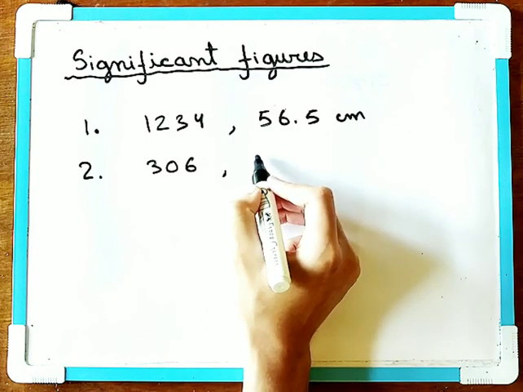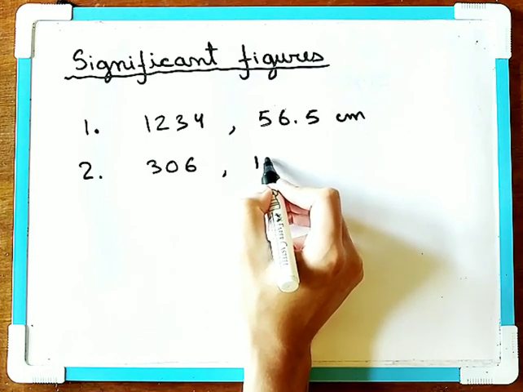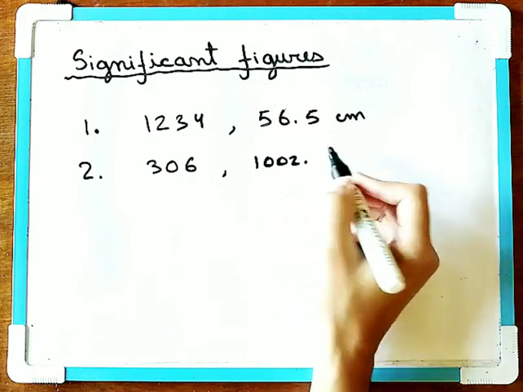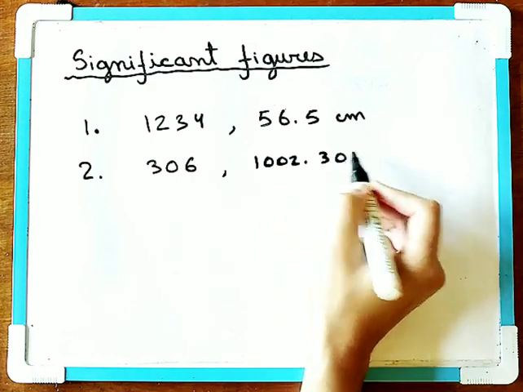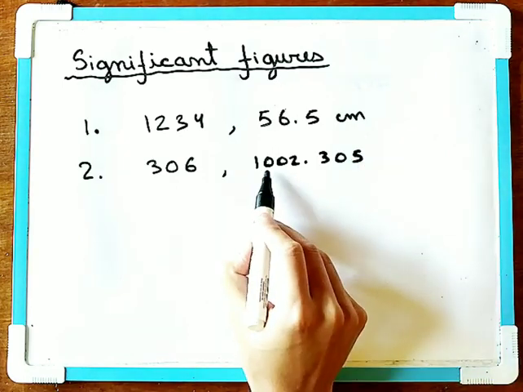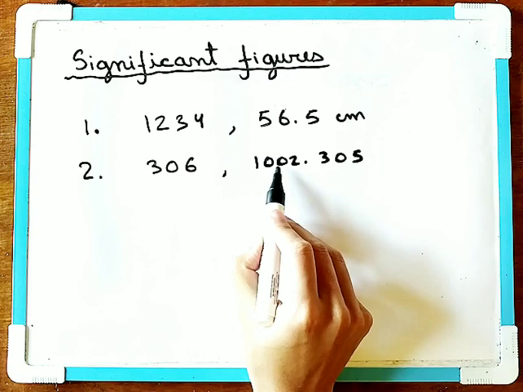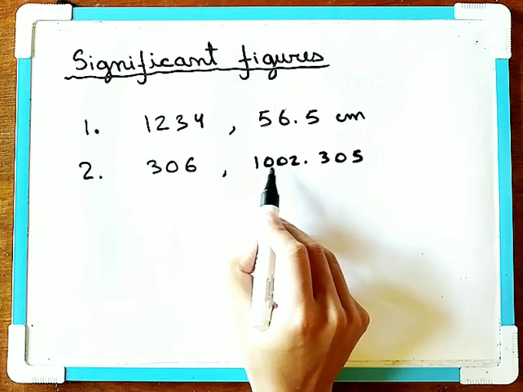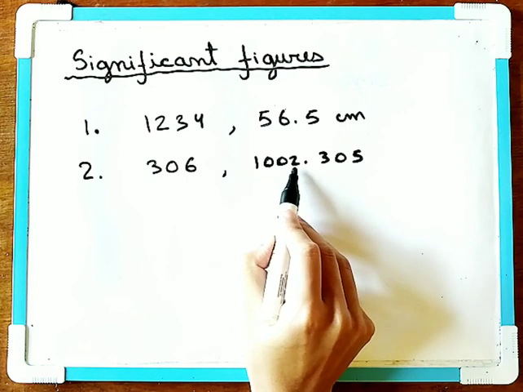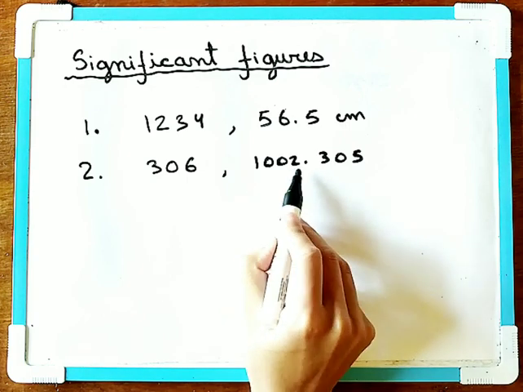Then if we have a number like 1002.305, these zeros are significant because they are in between non-zero digits.